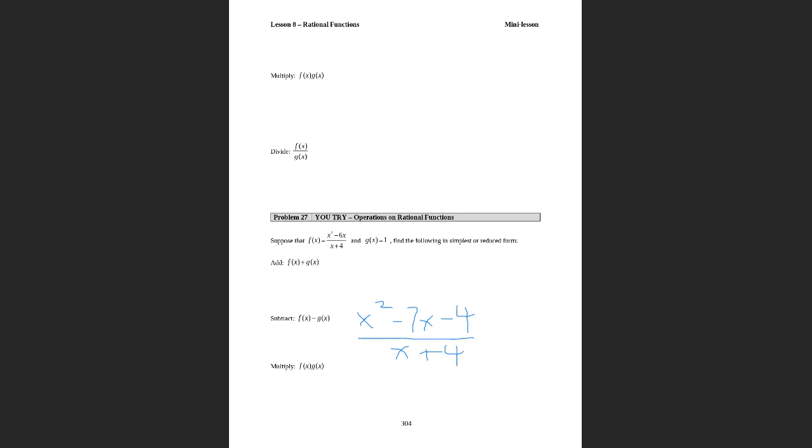For multiplication, you're going to have x squared minus 6x over x plus 4, which is x minus 6 over x plus 4, like that. Okay.